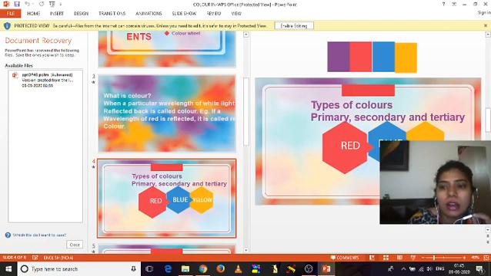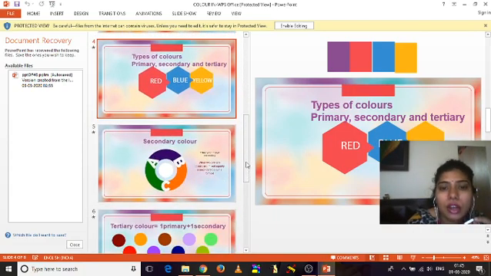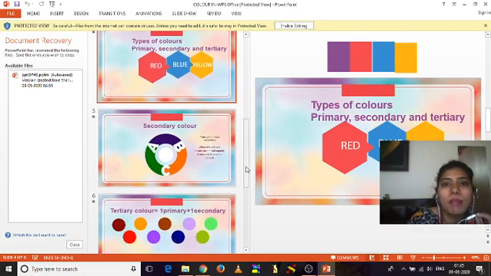These are the colors which are naturally available in nature, which cannot be obtained by mixing any colors, but they themselves are of that color and they are naturally occurring. We cannot produce or make these colors.